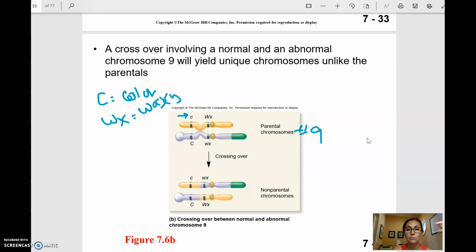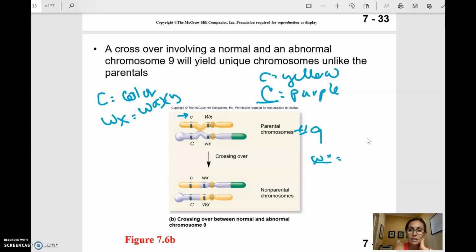If it's waxy, it's puffy. If it's not waxy, it's wrinkled. So little c should be yellow. Big C, I always put big C with a line underneath it, should be purple. Little wx is wrinkled, and big WX is smooth.